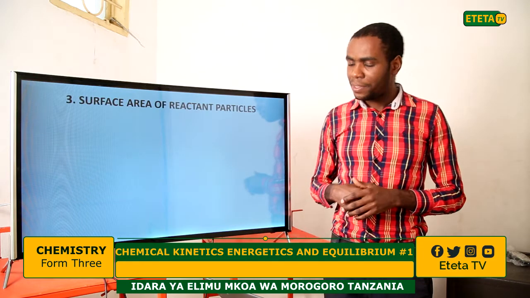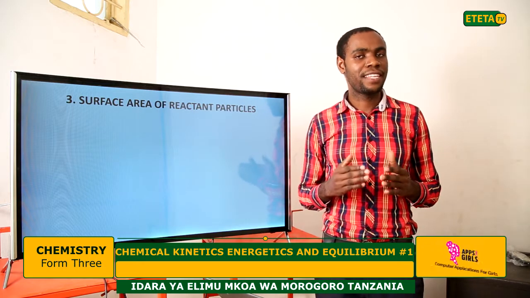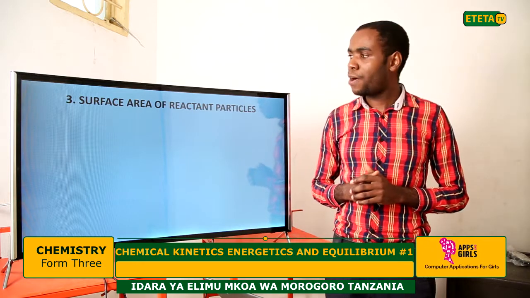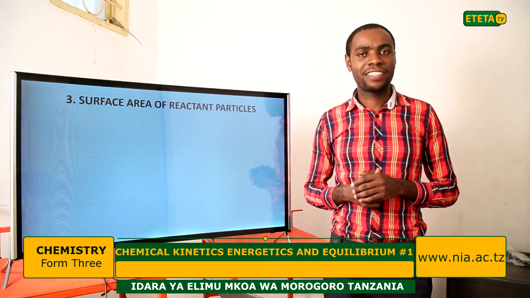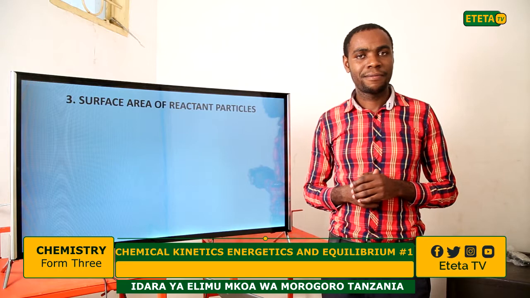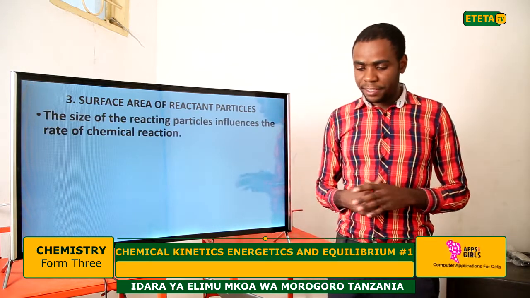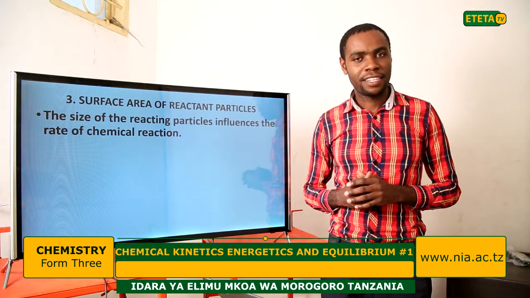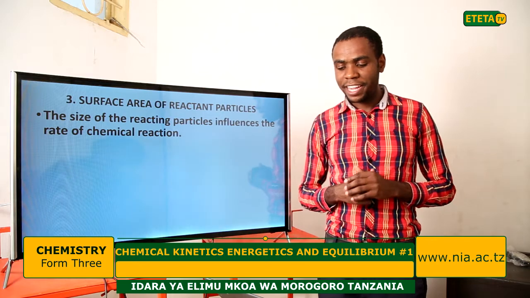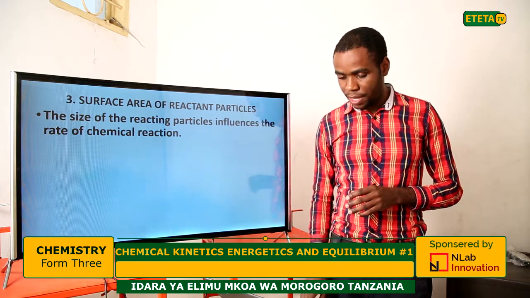Now, number 3 is the surface area of reactant particles. How does the surface area of the reactant particles affect the rate of chemical reaction? The size of the reacting particles influences the rate of chemical reaction.